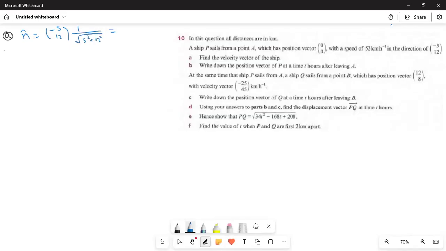That came out to be (-5/13, 12/13). So this is a unit vector.